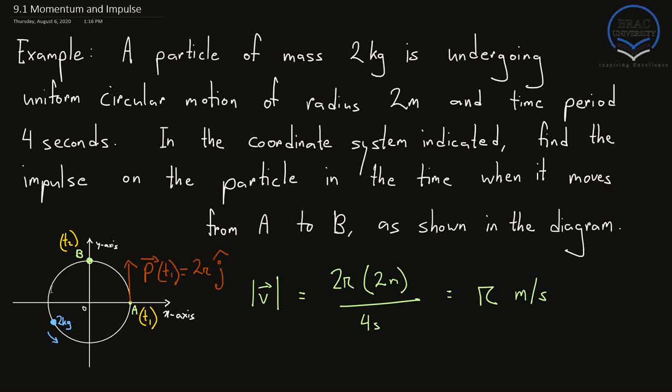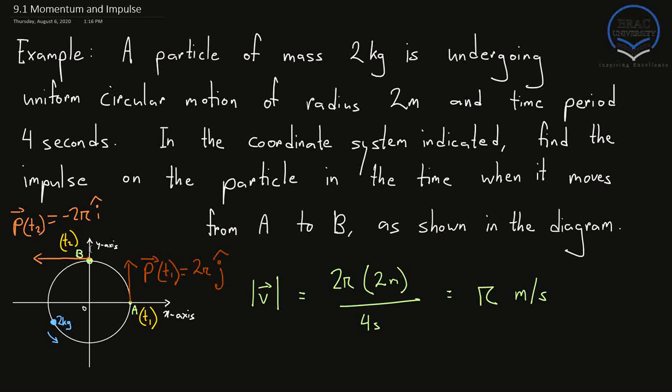So what about time t2? Again, the particle is moving anti-clockwise, so at position B, the velocity vector would point like this. So the momentum vector would look like this, and we can write p(t2). Of course, the magnitude of the momentum will not change. It will still be 2 pi. However, the momentum vector points along the negative x-axis. To capture that direction, we multiply by minus i hat, so that p(t2) equals 2 pi times minus i hat.